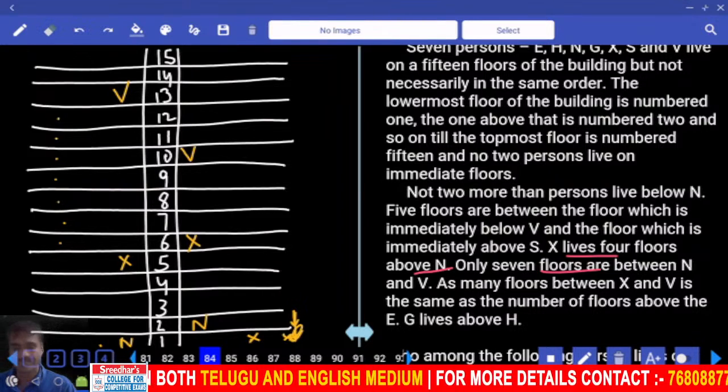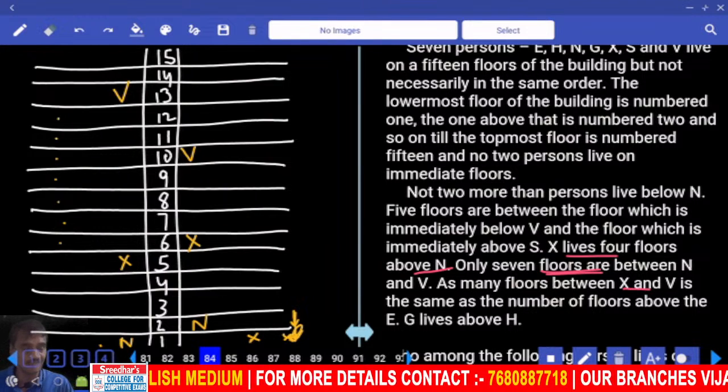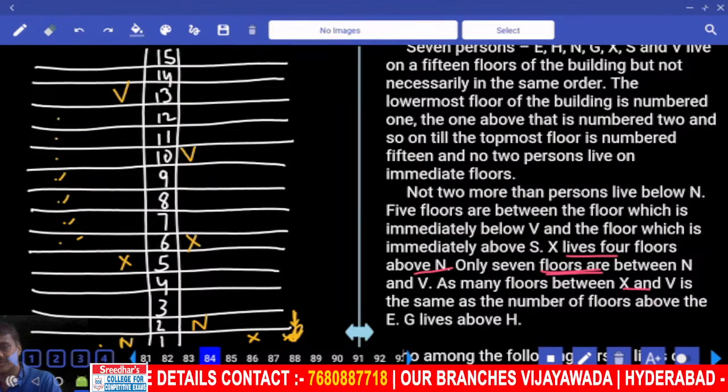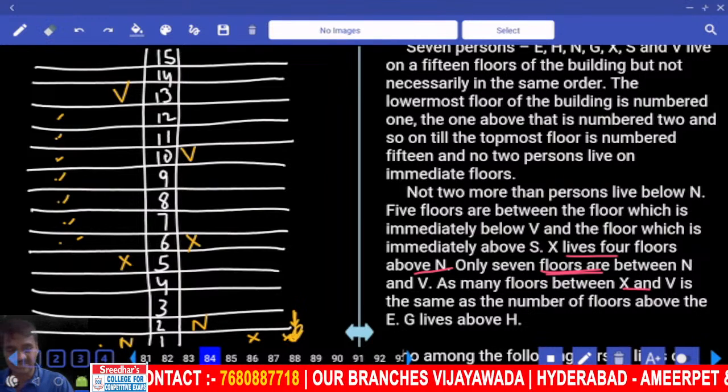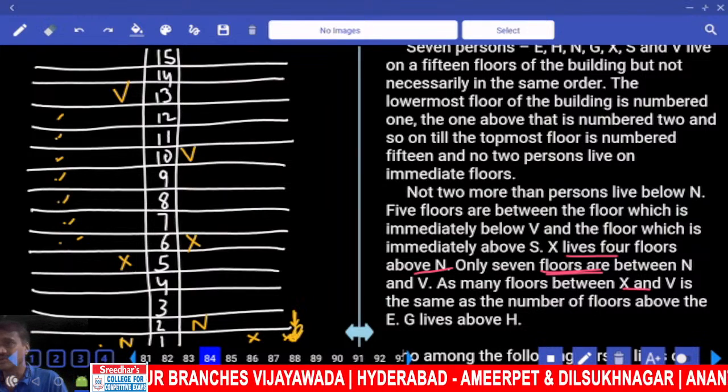Then 7 floors between N and V. As many floors between X and V. Now in between X and V, how many? 1, 2, 3, 4, 5, 6, 7. As many between X and V, same as above E. Above E we need to have.